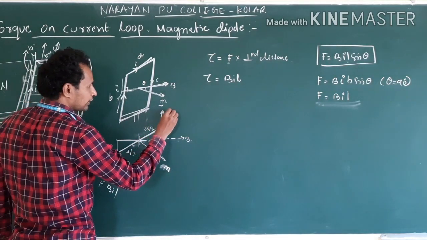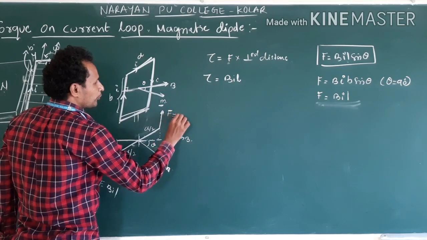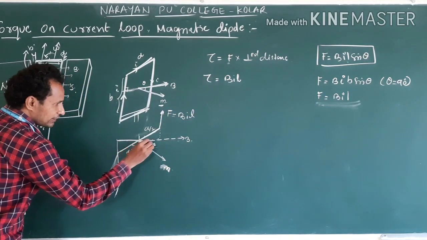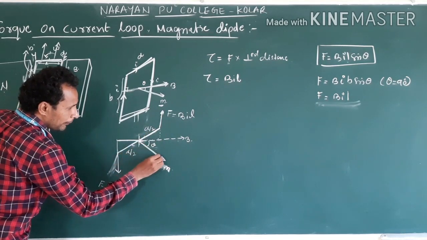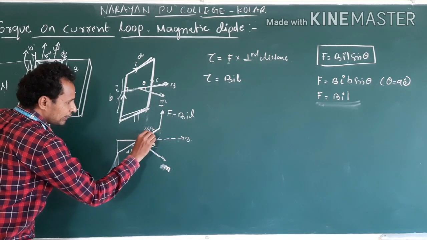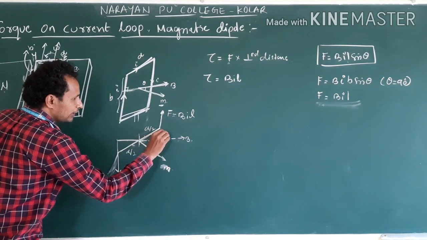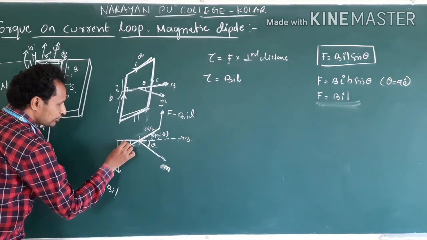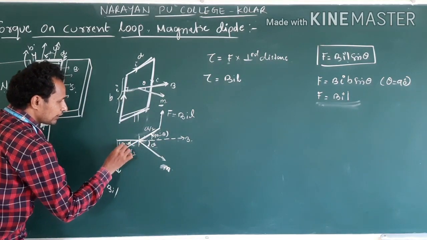This force is F is equal to BIL. We require this distance. This and these are perpendicular. This is theta. This will be 90 minus theta. Clear? This is also 90 minus theta.